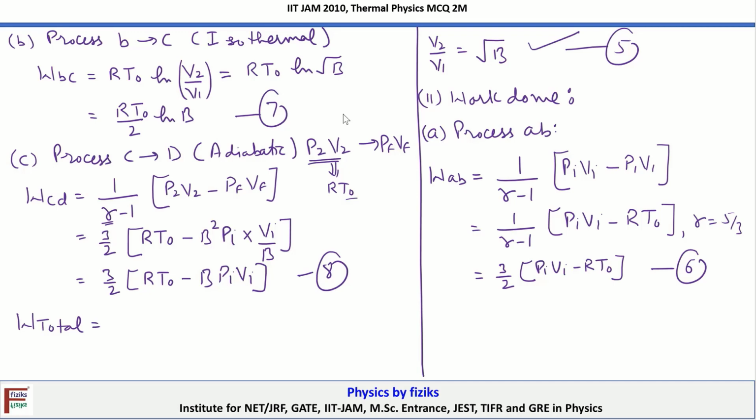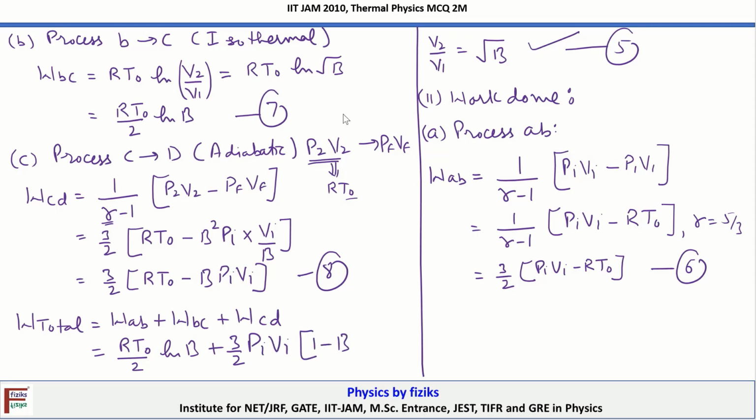That is equal to W AB plus W BC plus W CD, and if we add all these three quantities, you will see that some of the quantities cancel with each other, and we are left with, I am writing the final answer here, RT naught by 2 ln V plus 3/2 Pi Vi (1 minus V). That is the total work done during this process.